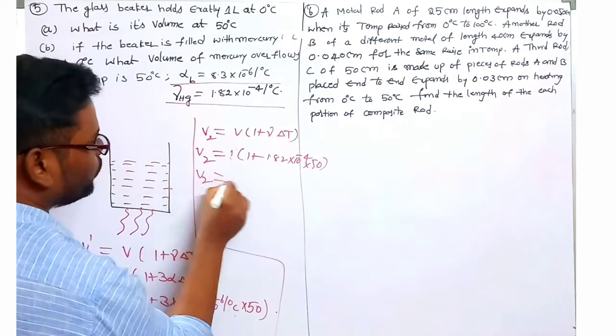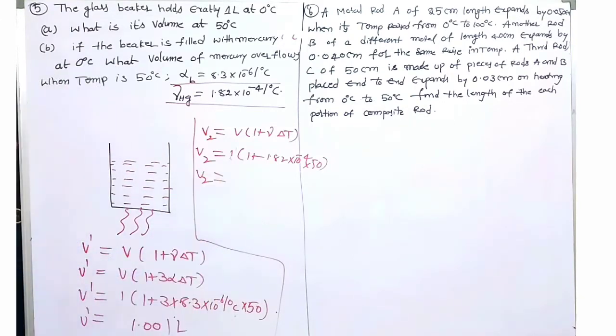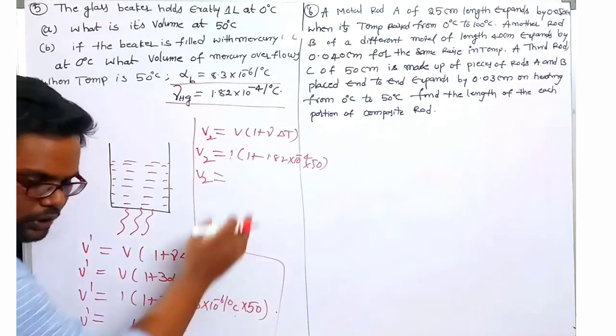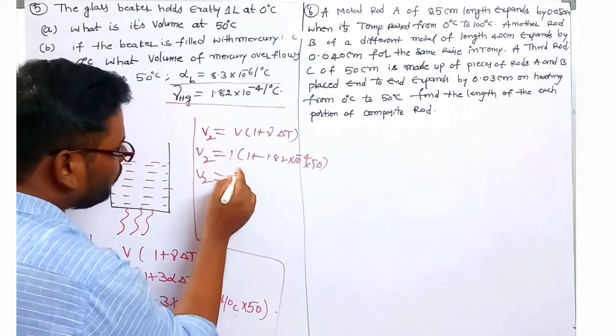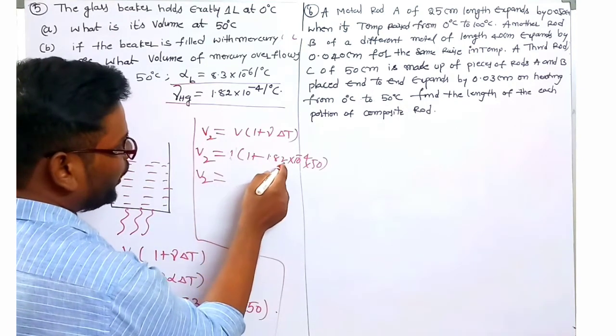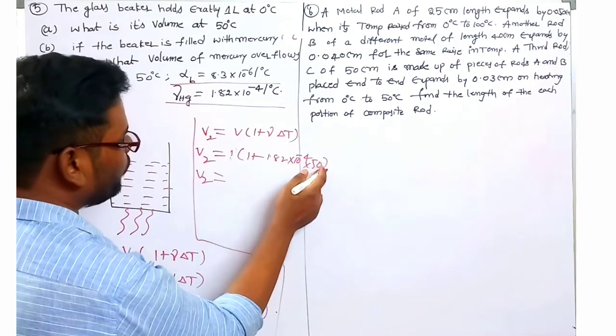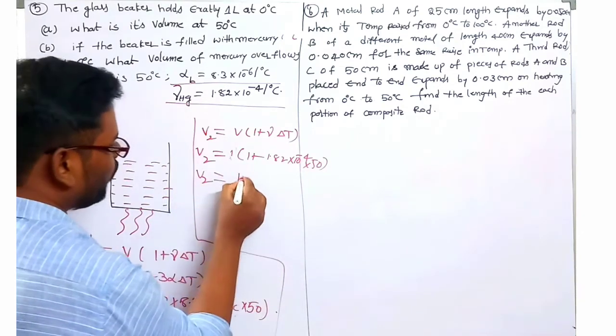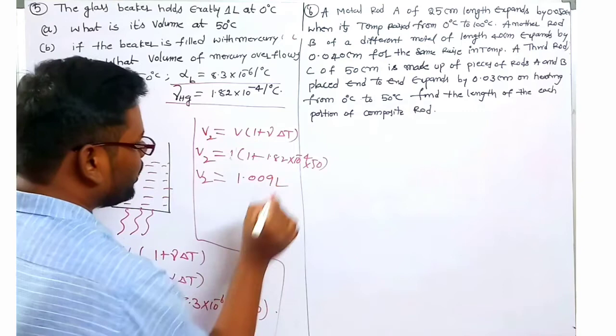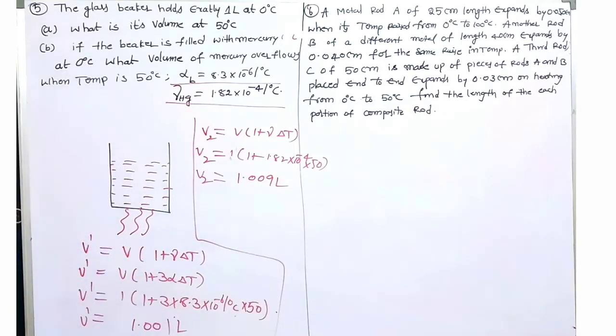So V2 is 1 plus 1.82 into 10 to the power of minus 4 into 50. If you solve this, we get 1.009 liters.